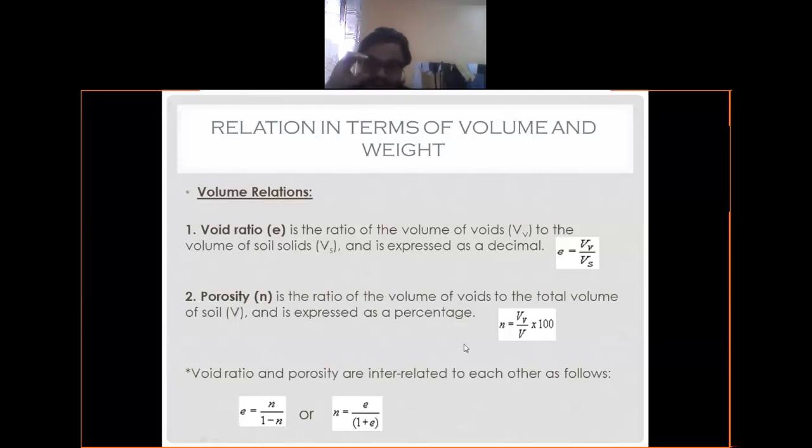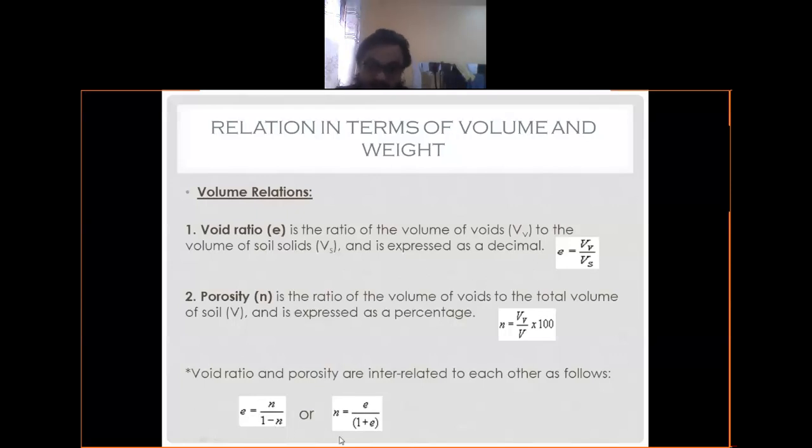Since they are almost similar, they can be correlated or interrelated. Void ratio and porosity are related to each other by the following relation. If you know the porosity, small n, for a particular soil, you can find out the void ratio for that soil using this relation.